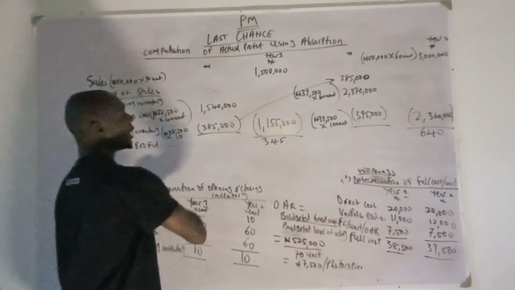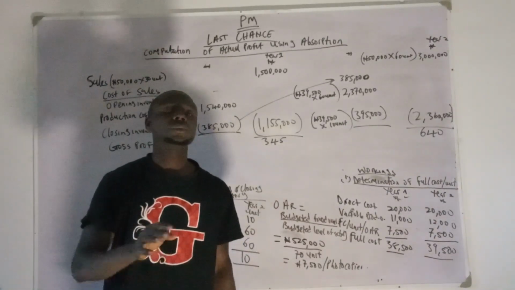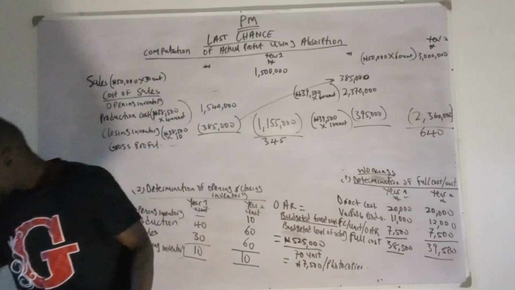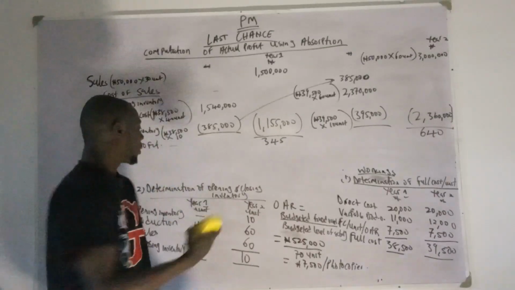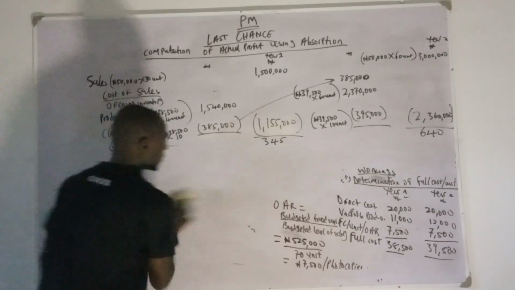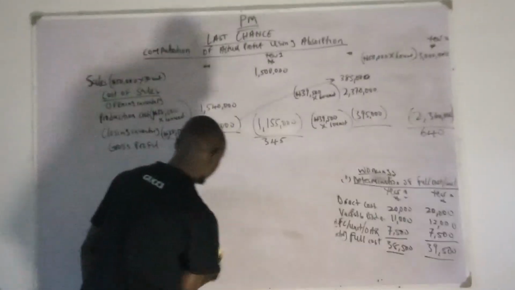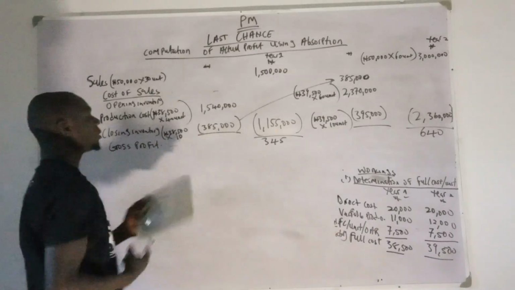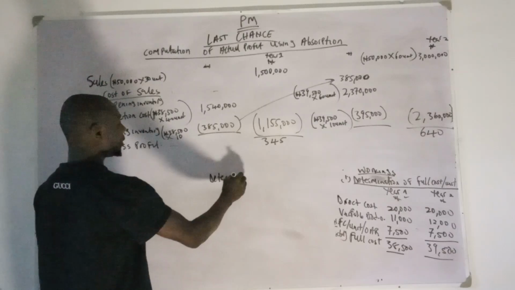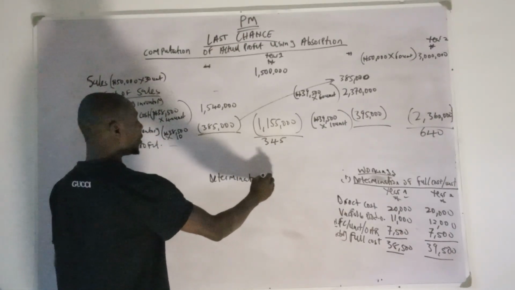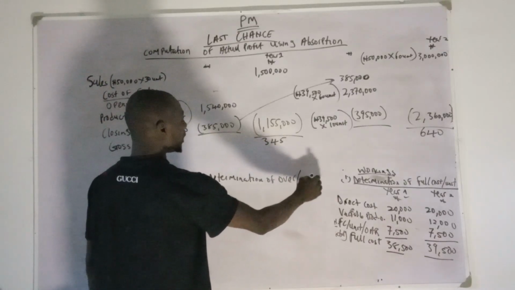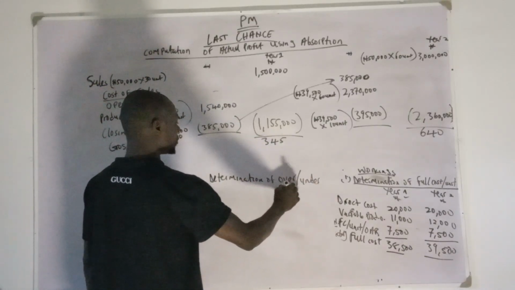Now, the next step is to determine if the overhead is over absorption or under absorption, so that we will know if we are adding to the gross profit or subtracting from the gross profit. Now, determination of over or under absorption.